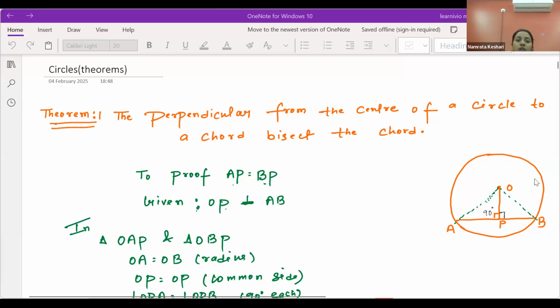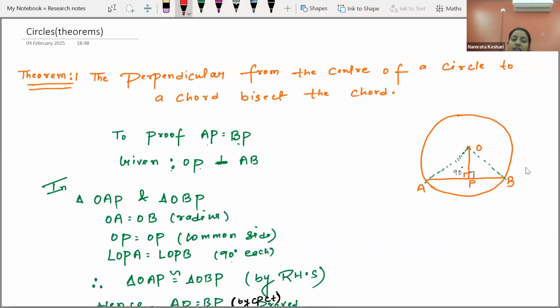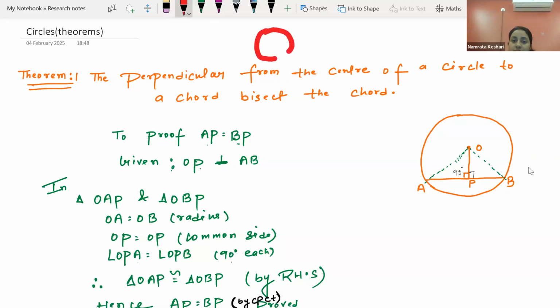So let's continue. The first theorem says that if we are dropping a perpendicular from the center of the circle to a chord, any random chord in a circle, maybe like this, or like this, then from center O we are dropping the perpendicular on the chord.